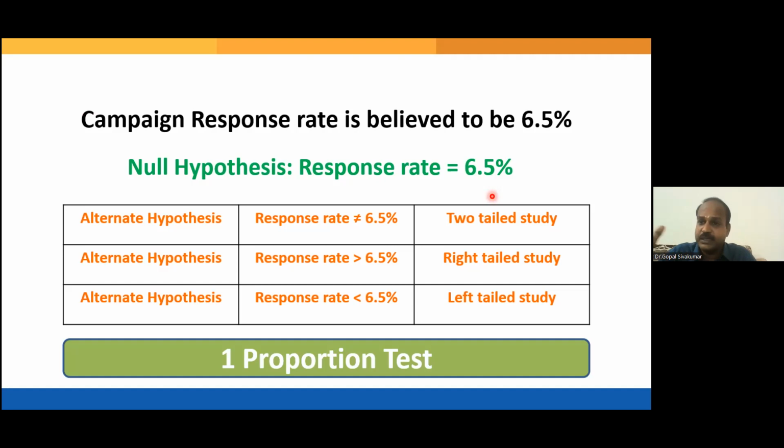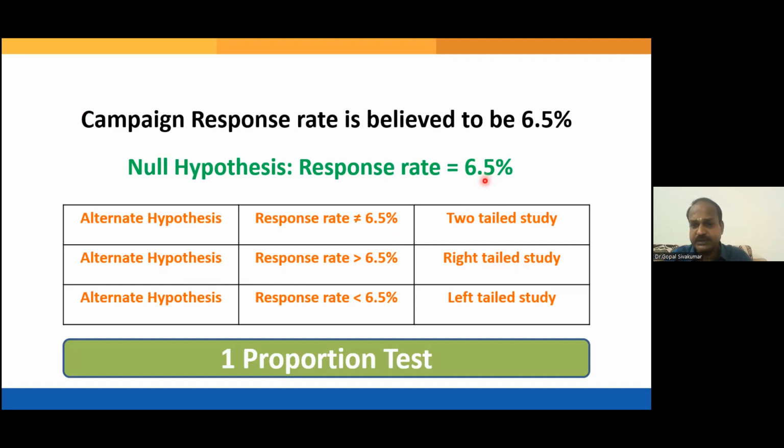Because of the new strategy they implemented, the response rate has increased to above 6.5%, let's say 9% or something. Now they have to prove, they have to say, sir, it is because of my strategy that the response rate has increased above 6.5%. That means the right-tailed test.